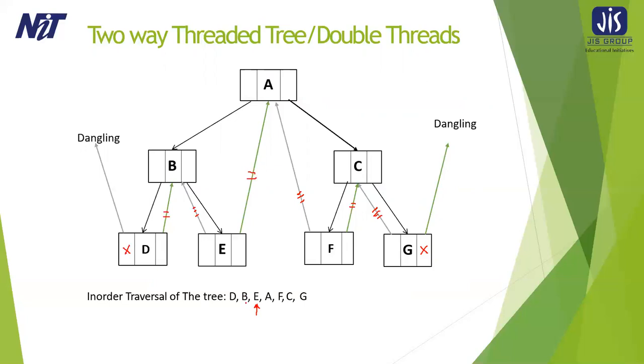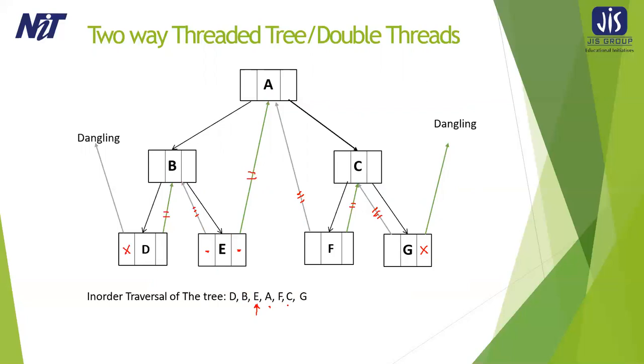That is B. So that means this null pointer is replaced by this thread to B. And what is the in order successor? That is A. So this null pointer is replaced by this thread to A. And similarly F. Come to F. Who is the in order predecessor? That is A. So that means we have to link with A.